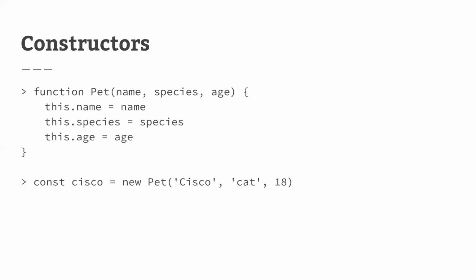Okay, so we have a constructor. And again, nothing's really distinguishing this from a function that you might write otherwise, except for the fact that we gave our function a capital letter name, and we're using this.